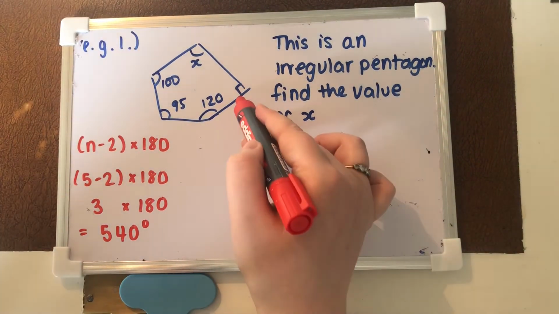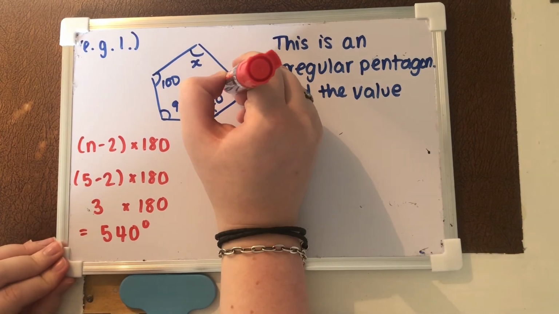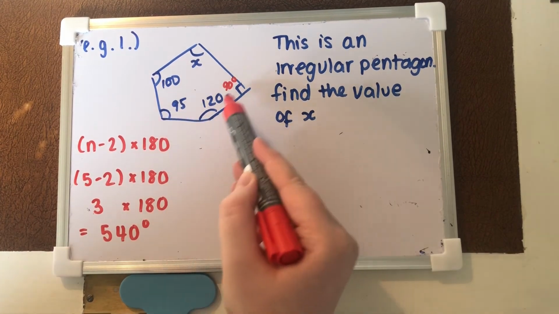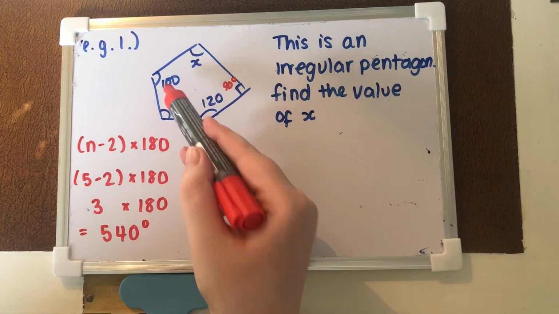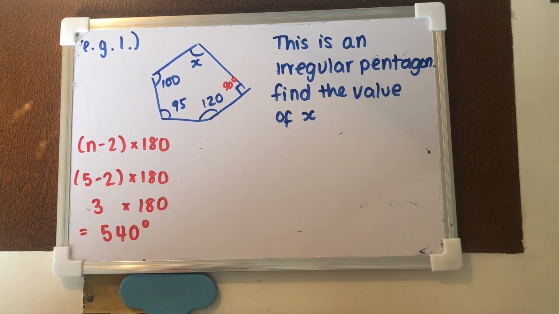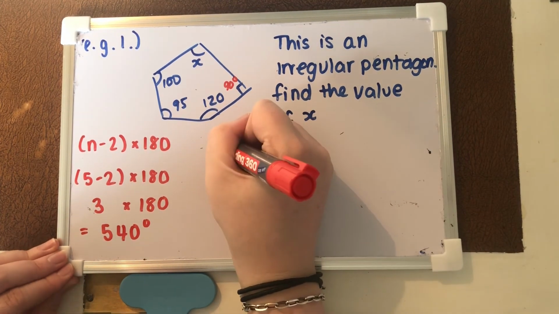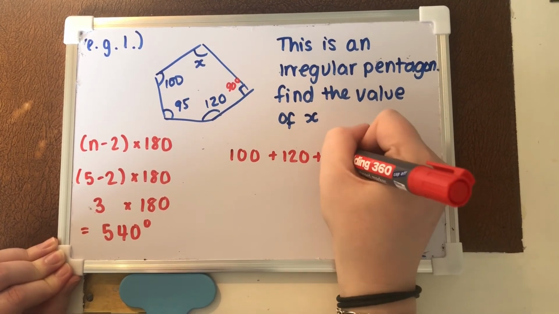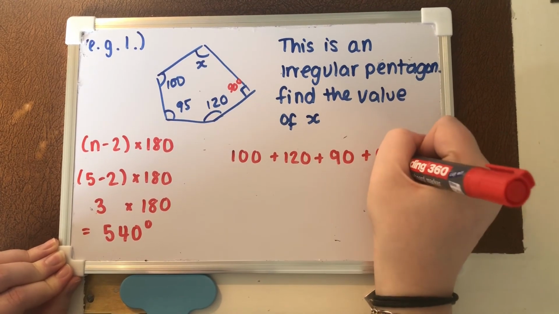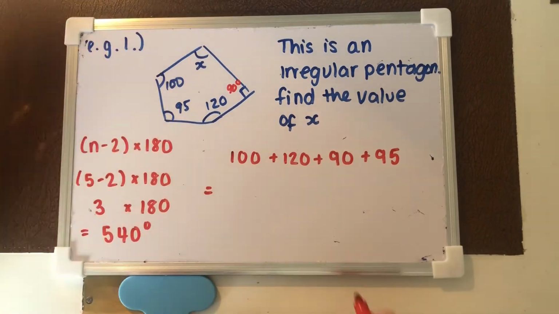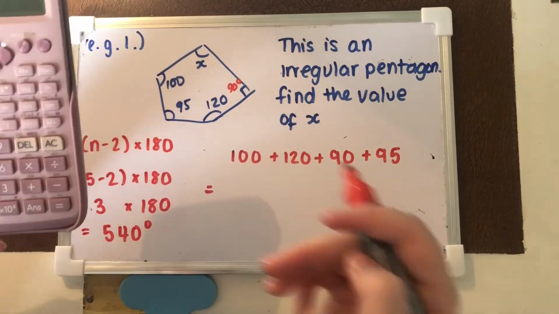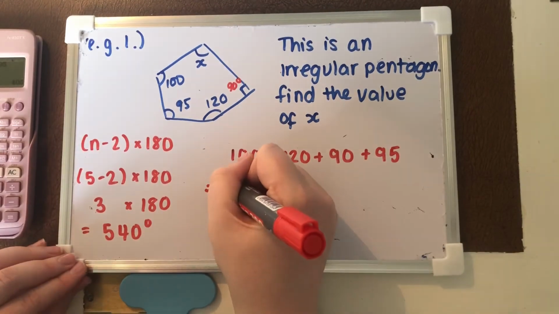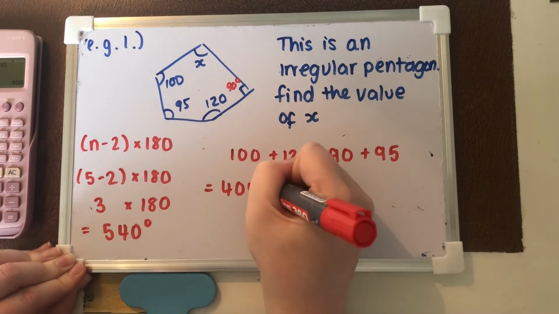Now this little square here means it's 90, so that's a good thing to remember what a right angle is. So what we can do is if we add up the 4 that we know first, we can then just subtract that answer from 540. So if we do the adding first, 100 plus 120 plus 90 plus 95, you can use a calculator, and that gives us 405 degrees.